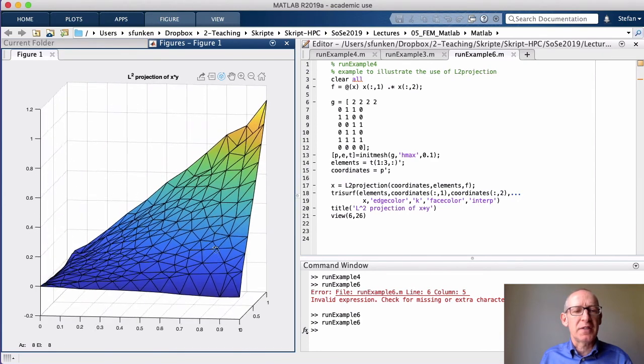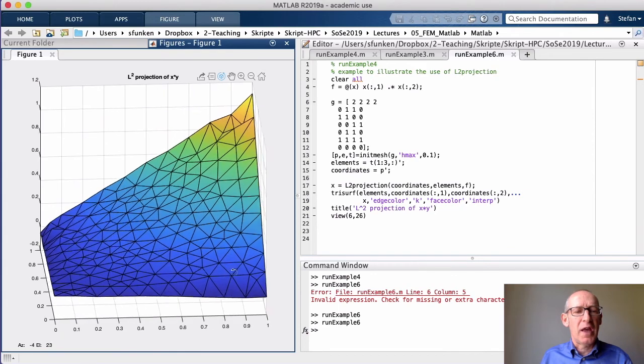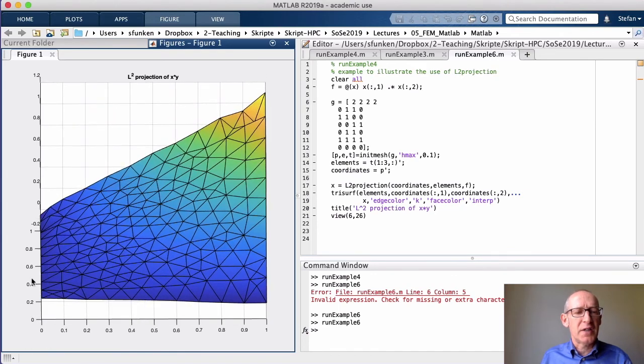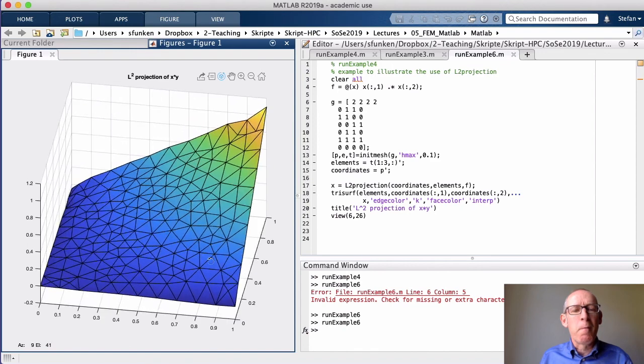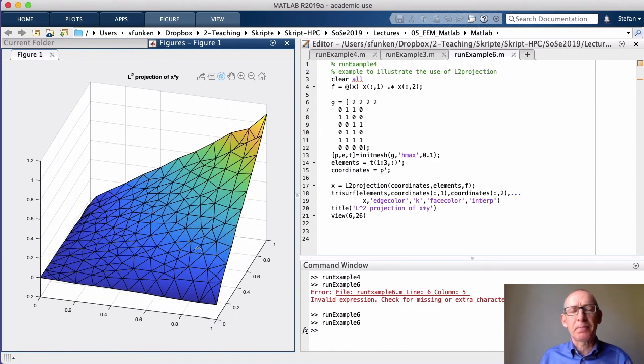So let's say it's 0 along this side and this boundary part, and here we have from 0 up to 1. Okay, the question is, even though we have a piecewise linear function, why does it not show the exact solution, or a better approximation?